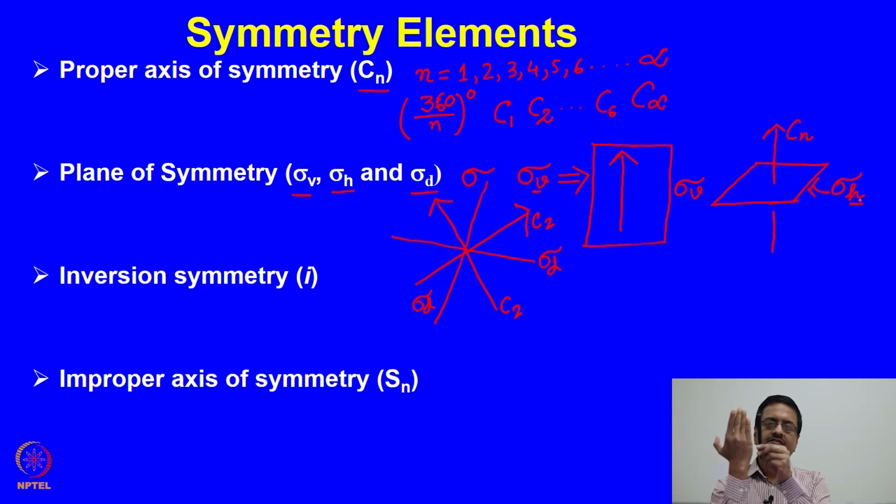We call this vertical plane sigma v, and any plane that is perpendicular to this axis, like that, is the horizontal plane. So, we call this plane sigma h. So, sigma h is a plane which is perpendicular to the principal axis and horizontal to the earth surface, and sigma v is a plane which is perpendicular to the earth surface.